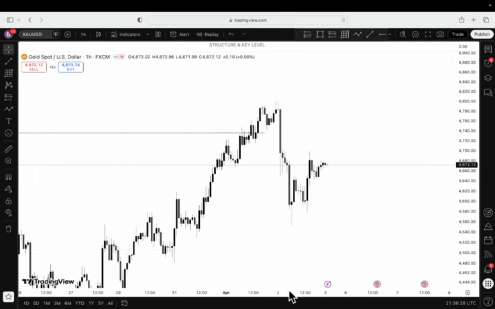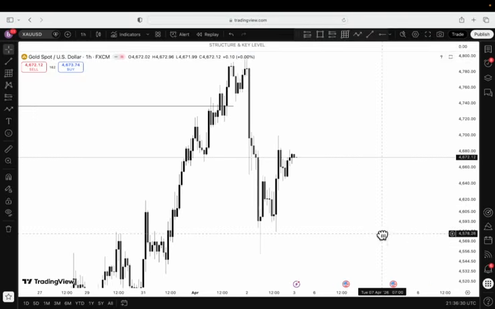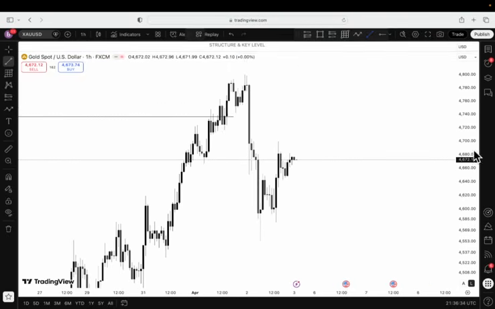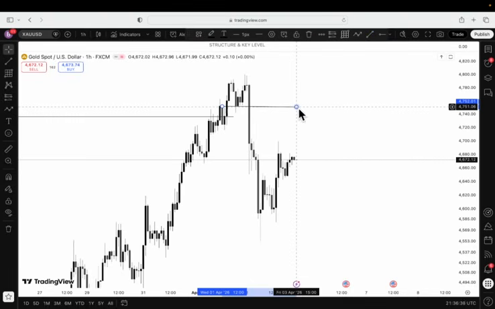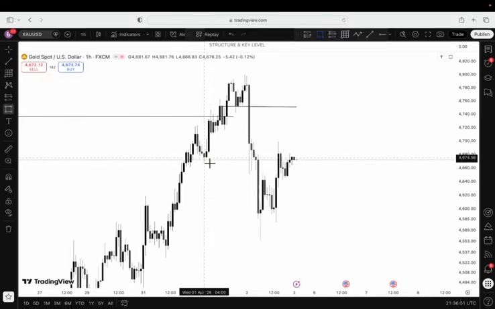And as you all know, this would have been where the good QML would have come in, but this guy did not come. Instead, it created one. This one is unfresh, reacted from this. So let's see. We don't trade on fresh, except if you do. I've never told you to trade on fresh key levels.